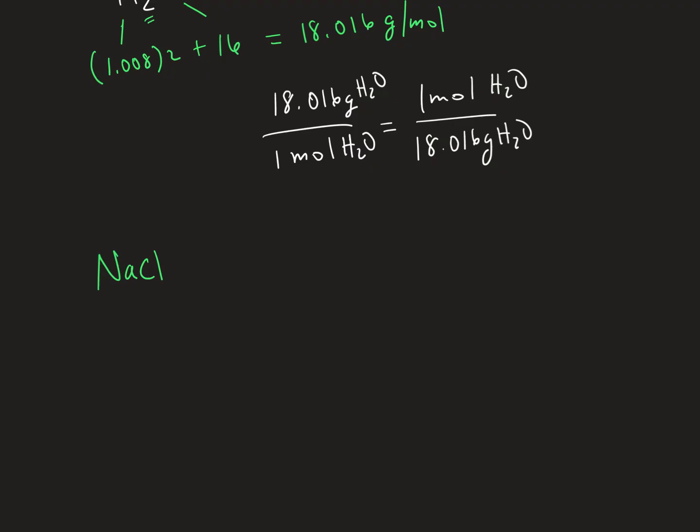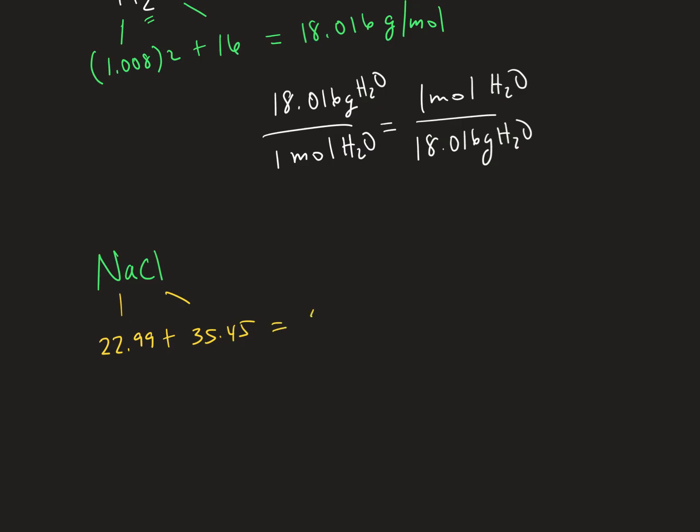How many grams per mole do we have for sodium chloride? What's the molar mass of sodium chloride? Everybody look it up for sodium. What is it? 22.99 plus 35.45.